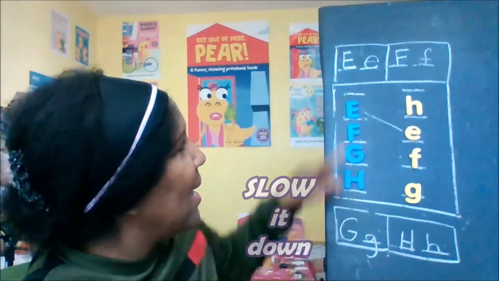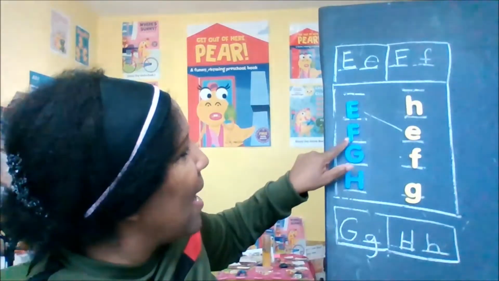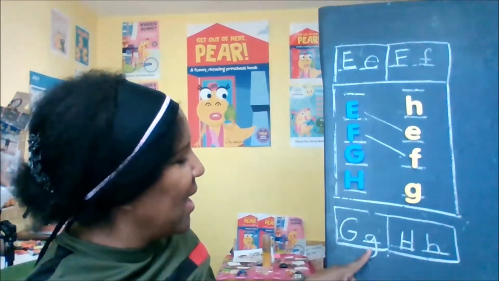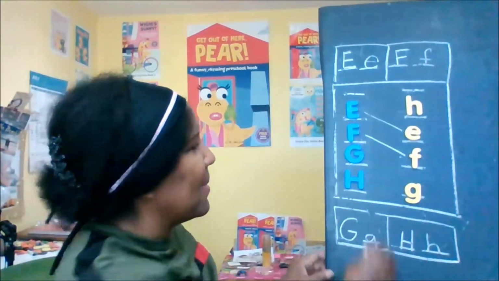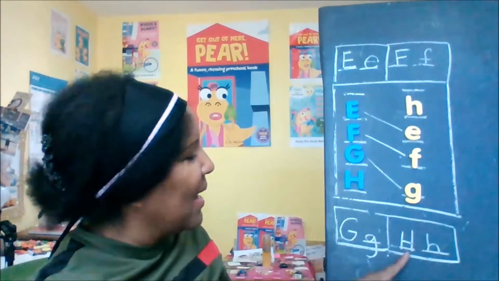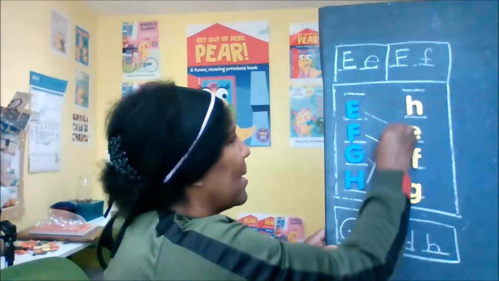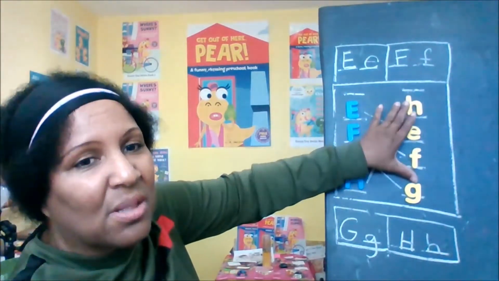All right? F, F, big F, small F. G, G, big G, small G. H, H, big H, small H. So here we are, E, F, G, and H, capital letters, small letters.